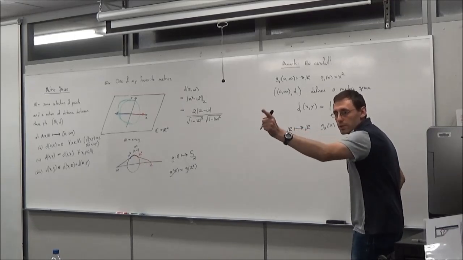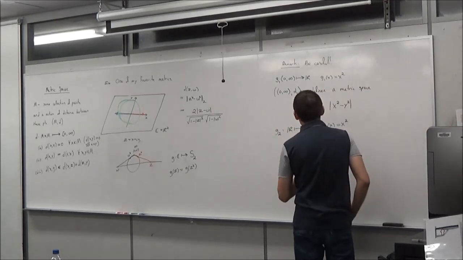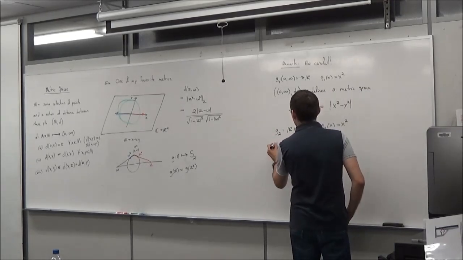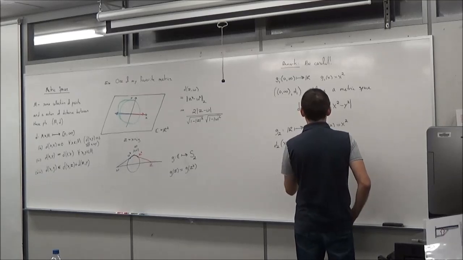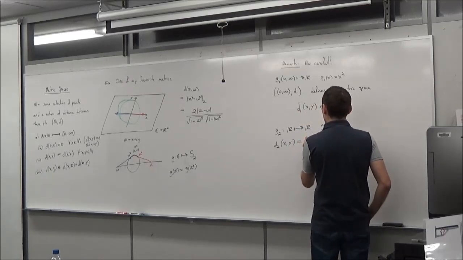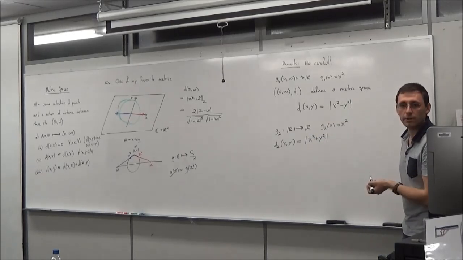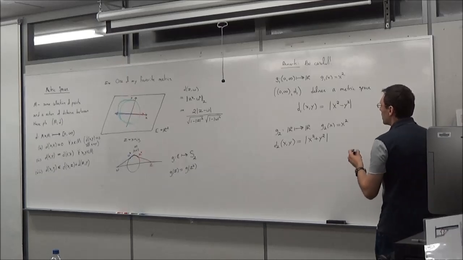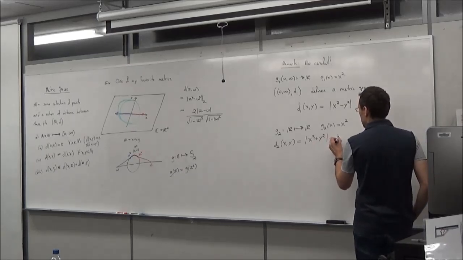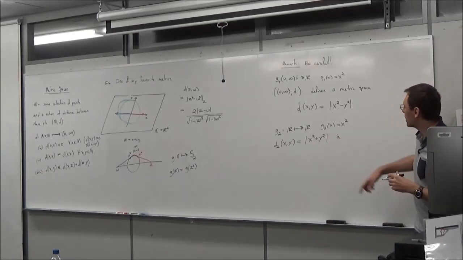So what happens now is that d2 of x, y is equal to the absolute value of x squared minus y squared. Is it a metric or not? Before I had the interval 0 to infinity, now the interval is all of R.